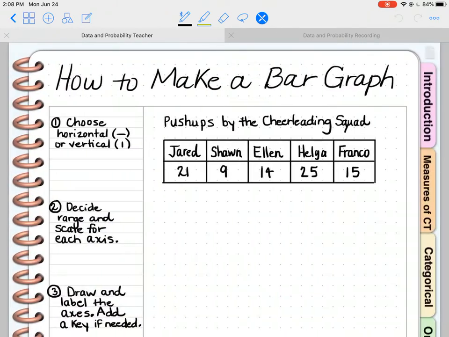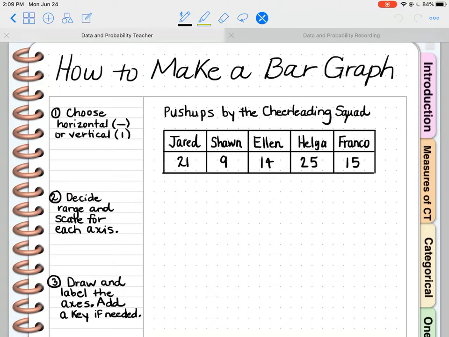In this one, I'm going to show you how to do a horizontal one just because I want you to see both. But one is not really better than the other, in my opinion. I've had some professors that require them to be one or the other. So if you have a college class and you're not sure, you want to make sure to ask. But for this particular one, I'm going to show you how to do a horizontal graph.